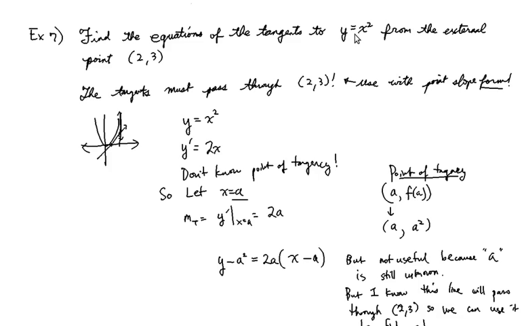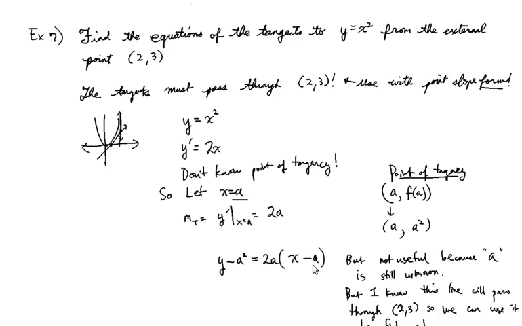And since I know f of x, which is x squared, we could say the y value is going to be a squared. So I'm going to have (a, a squared) as my point of tangency. Alright? I found my slope, I found my point of tangency. What am I missing? Well, technically I could find the equation, but I would have an a in my equation.